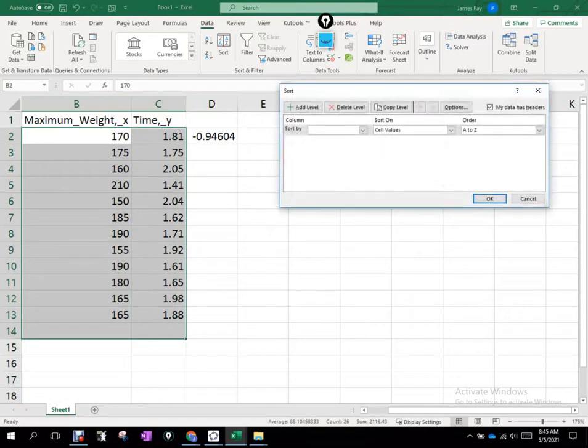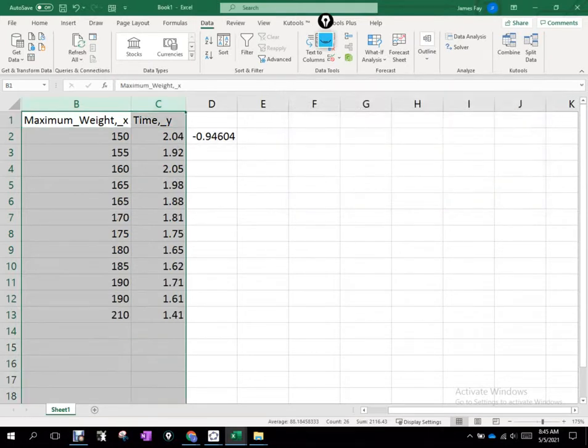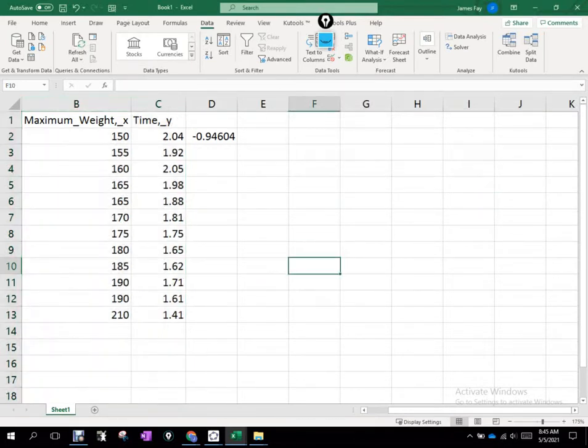So we'll sort the maximum weight based on cell values. I'll click on the first one, click on cell values, go smallest to largest, hit OK, and you can see that it now sorted them.